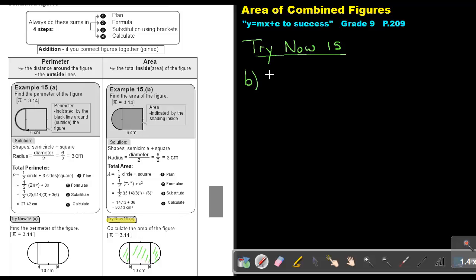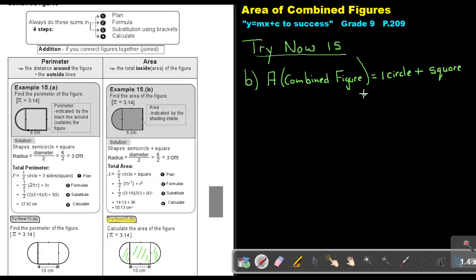So if I'm going to work out the area of the combined figure, it's going to be one circle, remember? Can I show you again? Because two halves make one circle plus the area of a square.